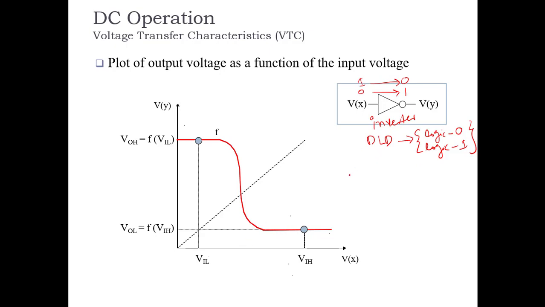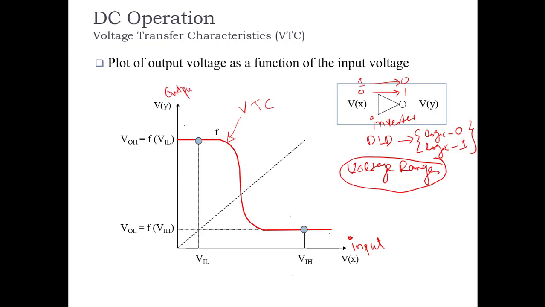Basically they are voltage ranges. So it's very important. Imagine this is the voltage transfer curve of a NOT gate, and let's see how this works. On the x-axis we have the input, which is Vx, and on the y-axis we have the output, which is Vy.